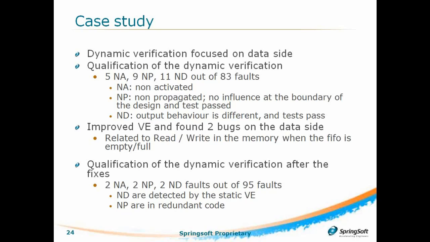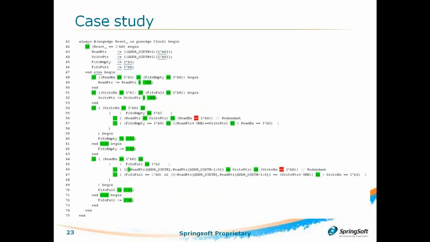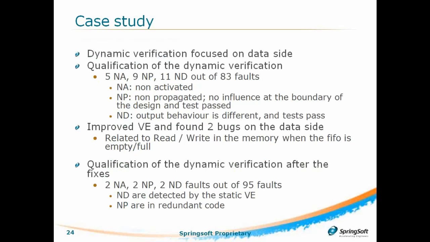And once I've improved them, I got those results. Currently, the 2 non-detected faults are common with the static verification environment, so I don't really have to worry about them. And the 2 non-propagated faults are due to faults which really cannot change the behavior of the design.